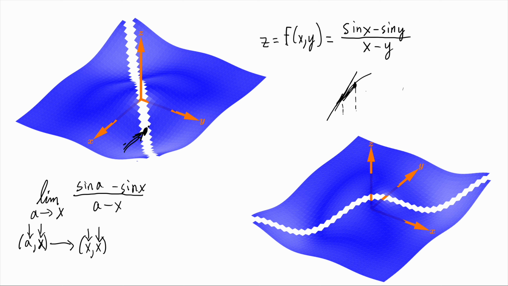But couldn't we get to the same place by doing something else? Couldn't we head to it by going like this, in this direction? In fact, we could get to it by going in any direction. Really, we should get to the exact same place. The reason is that this surface is a nice continuous surface away from where it's not defined.